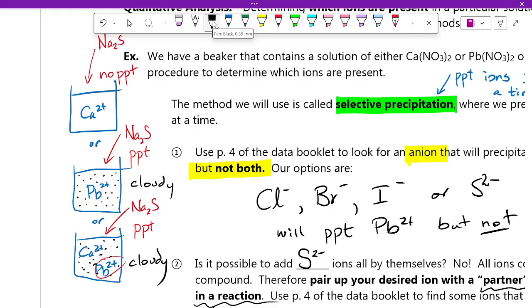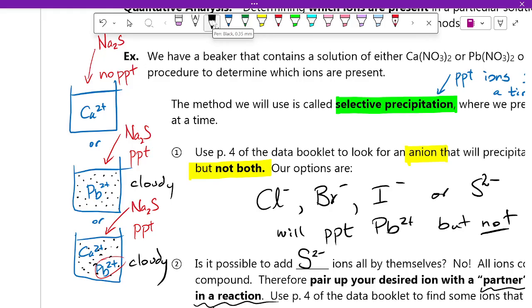So at this point, you are describing a lab procedure, okay? And you need to tell people how to interpret the results. So you will say, if a precipitate forms, what do you know about the solution? It had Pb.